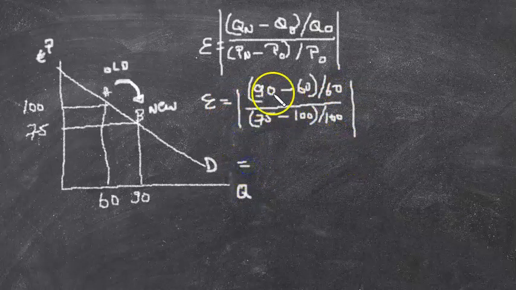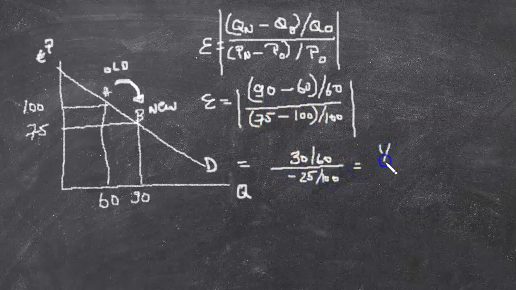What does that equal to? Well, 90 minus 60 is 30 divided by 60. 75 minus 100 is minus 25 divided by 100. This is equal to 1/2 divided by 1/4.